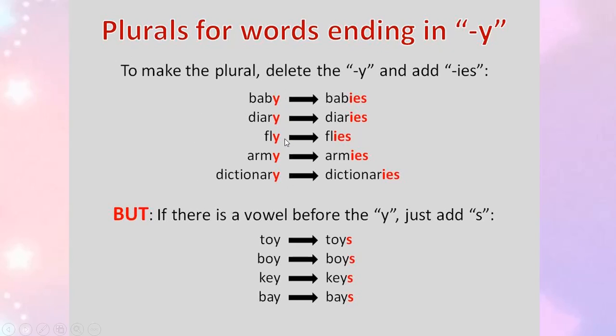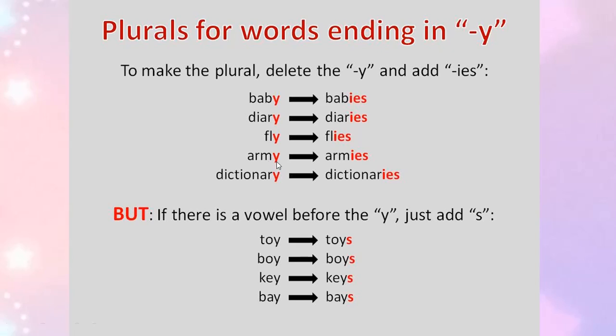Actually, we have 2 rules. I told you before, you gotta be careful with Y. Wherever you see it, you gotta look behind it. Always look behind Y. Why? If you see a sleepy, lazy consonant like B, R, L, M, what do we do?